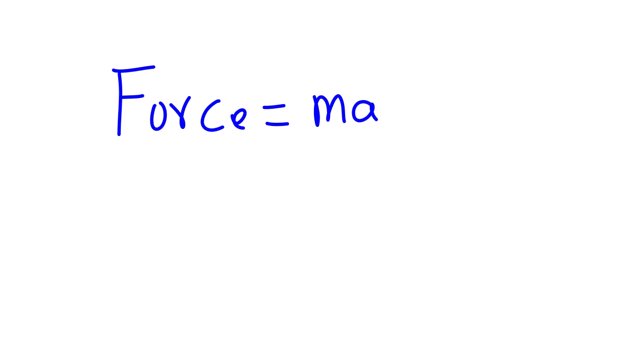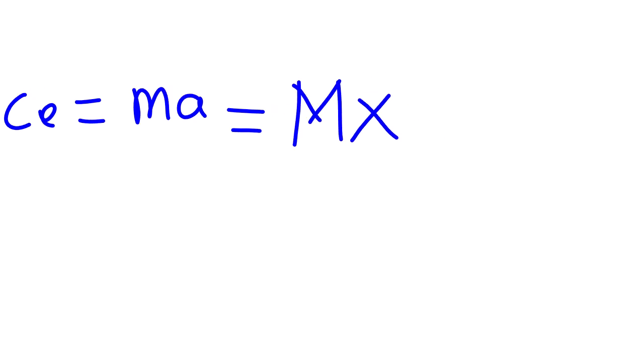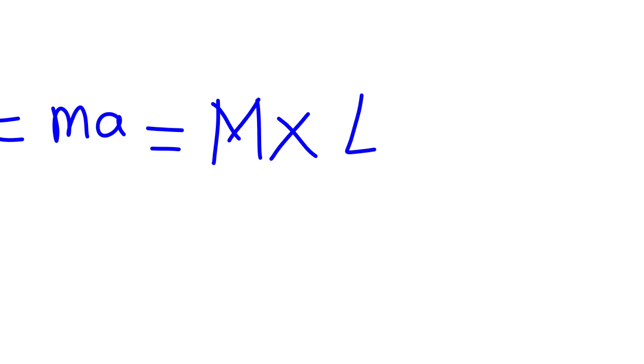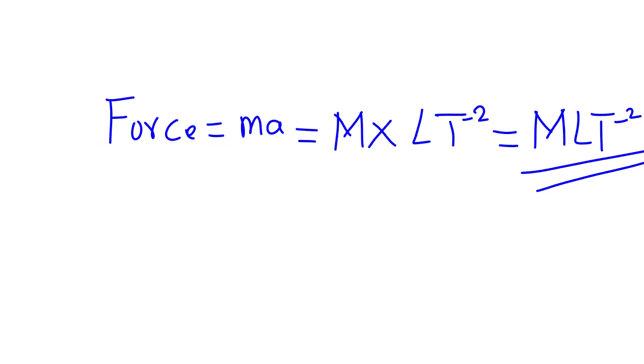So the dimension of force will be the dimension of mass, which is M, multiplied by the dimension of acceleration, L T raised to the power of minus 2. At the end, you have M L T raised to the power of minus 2. This is the dimension of force.